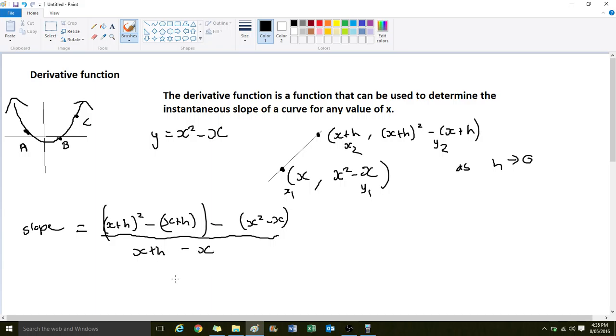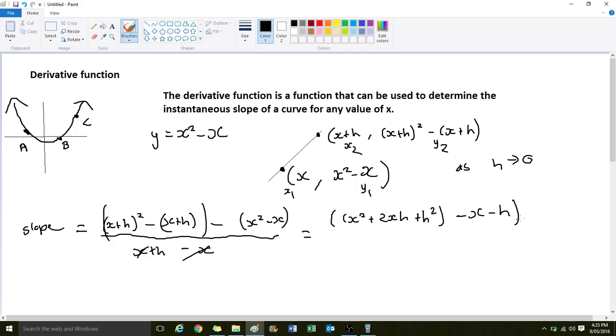So we're going to expand this out. Here we have x take x, that can cancel, and let's expand these brackets here. In the first bracket we're going to have x squared plus 2xh plus h squared, and that's going to be take away x and take away h.